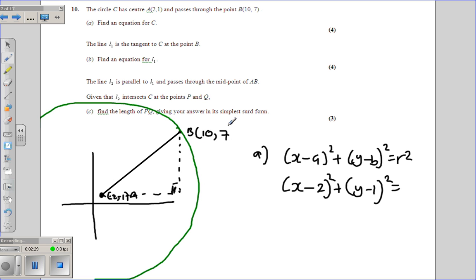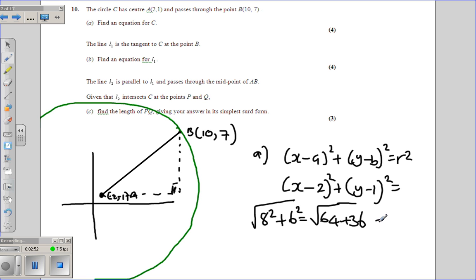I don't draw the diagram. I just look at the x coordinates, find the difference between them. So the difference between the x's, 2 and 10, is 8. So for Pythagoras, we're doing 8 squared plus the difference between the y coordinates, 1 and 7, that's 6. So you're finding the square root of 64 plus 36.